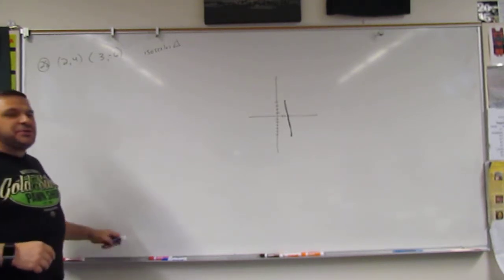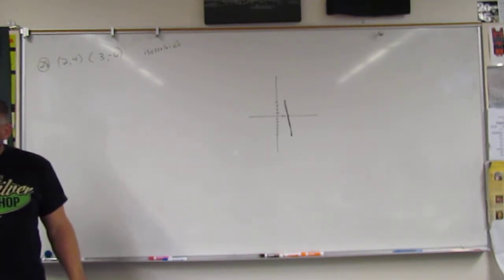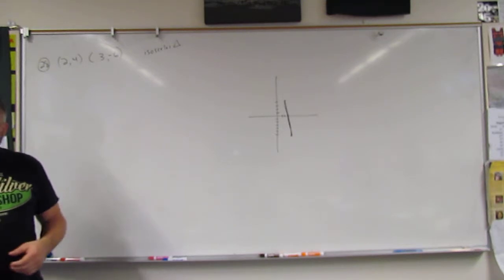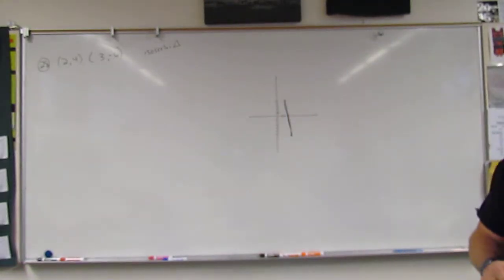What I want to do is create an isosceles triangle. What is an isosceles triangle? Isn't it all the same length? Not all.